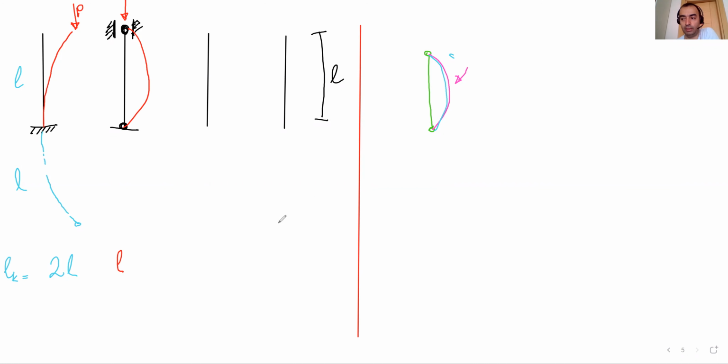In the other one, if we have a fixed support at the bottom, and at the top, if we have a roller support, we will have a shape like this.